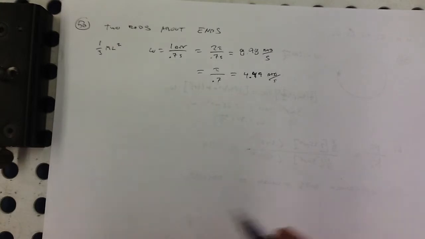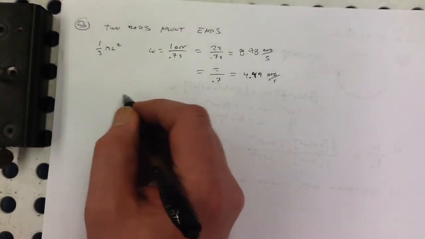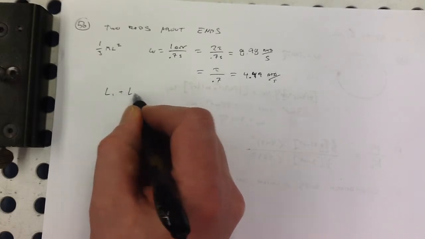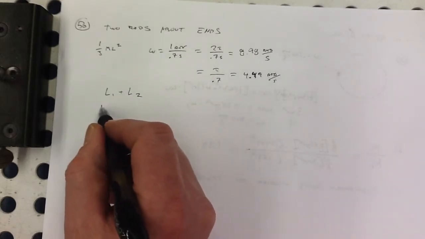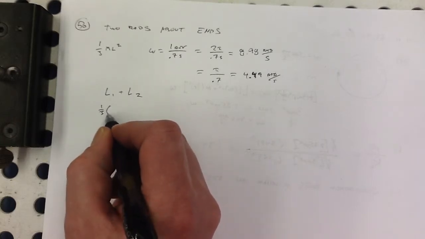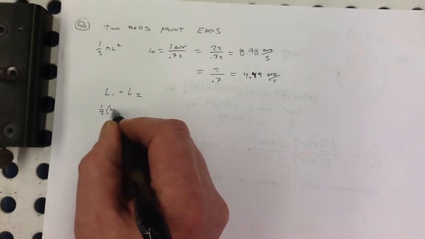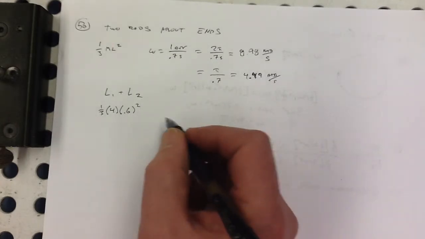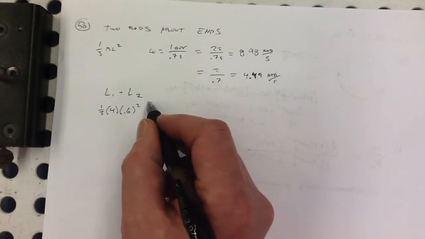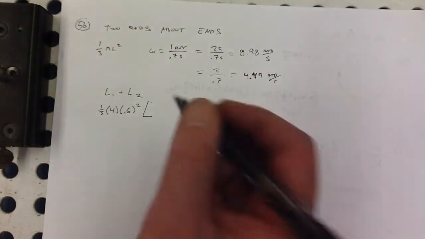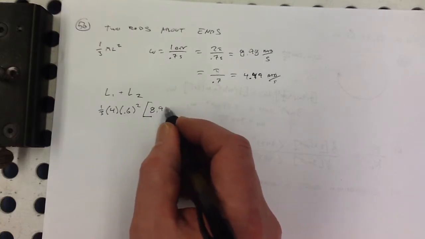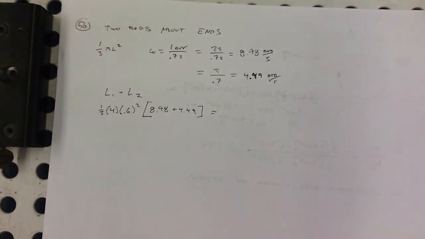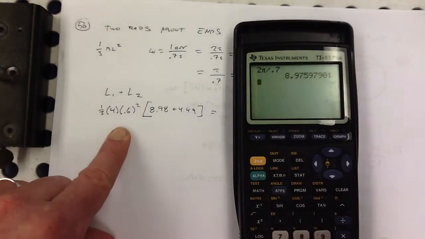So we want to find the total angular momentum. So we have angular momentum of the first arm plus the angular momentum of the second arm. So that's I, 1/3. Mass of each arm is 4 kilograms. The length, 0.6 squared. That's going to be the same for both arms, so I'm going to factor that out and then just add together their angular velocities. So 8.98 plus 4.49. And that's it. Two rods about their ends.